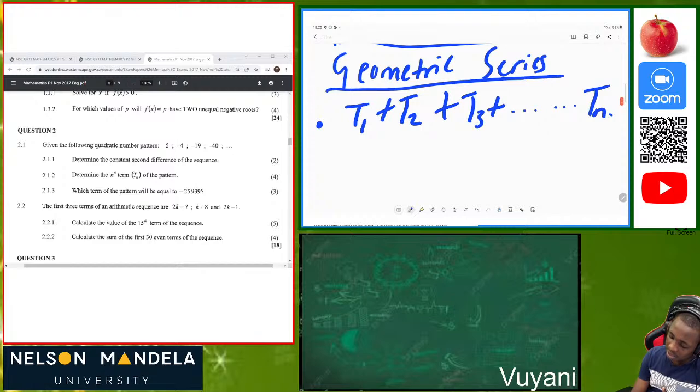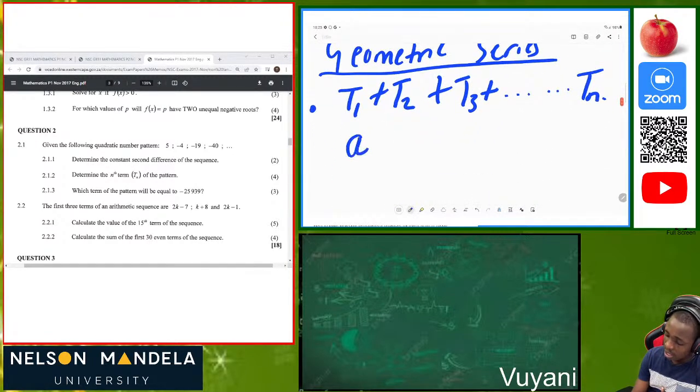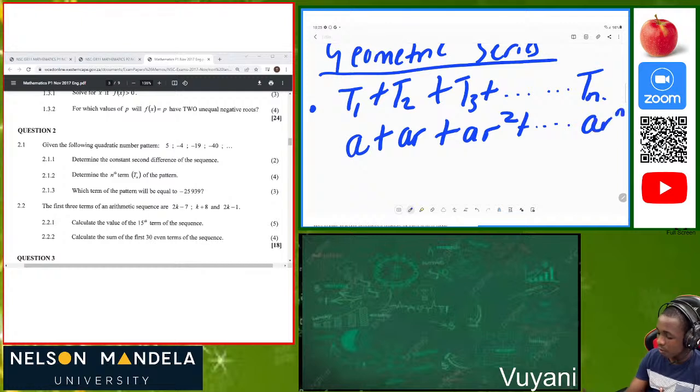It's the same as a plus ar plus ar squared plus until we reach ar to the power of n minus 1.